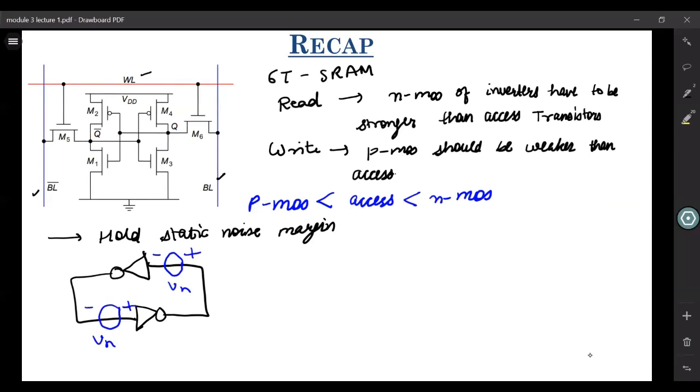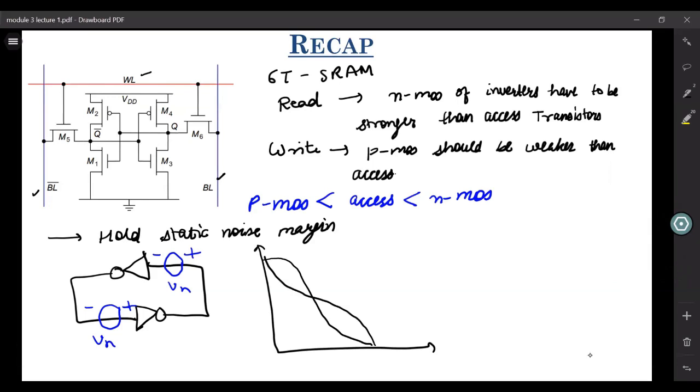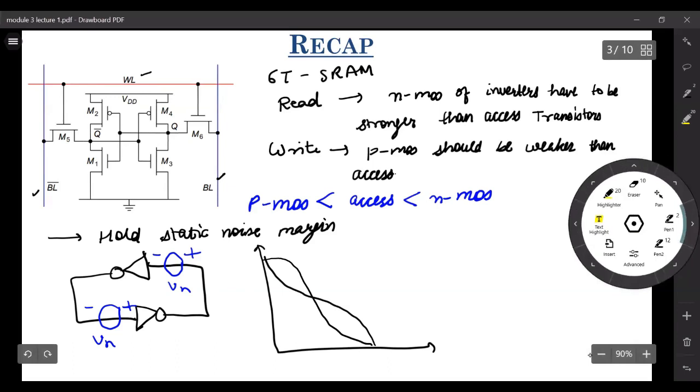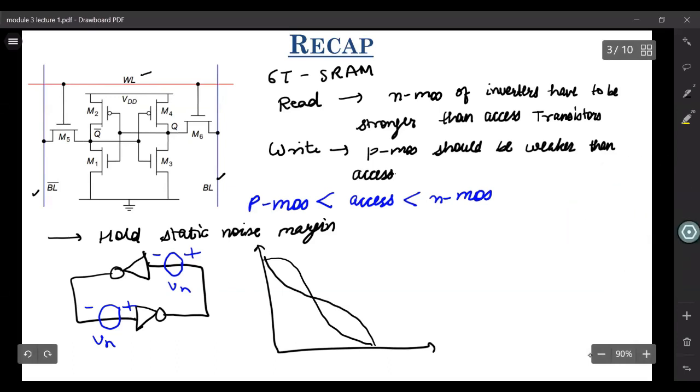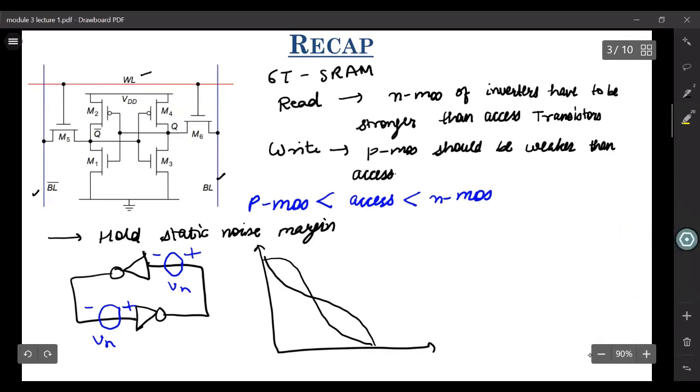If you have this kind of noise in your circuit, this noise source can be the power supply, thermal noise or any other such offset. Because of these noise sources, what we found out was that in this butterfly curve, which is representative of this bistable element without any noise, if you introduce these noise sources such that the magnitude is equal to the hold static noise margin, then instead of these 3 intersection points, we end up with only 2, right?